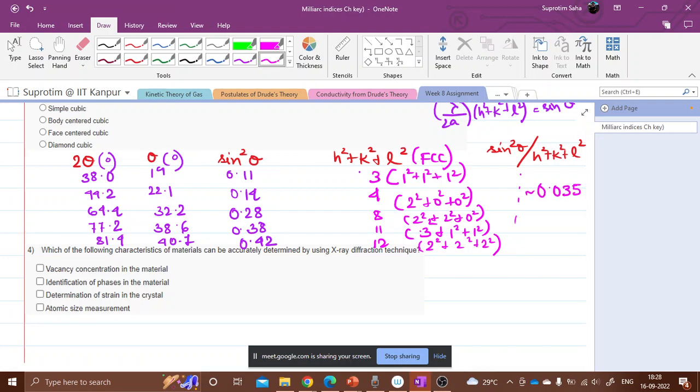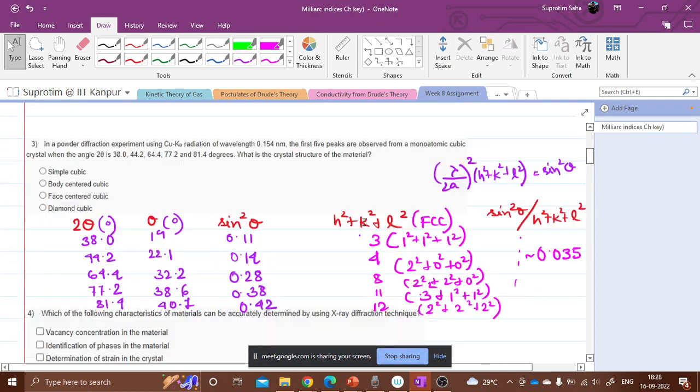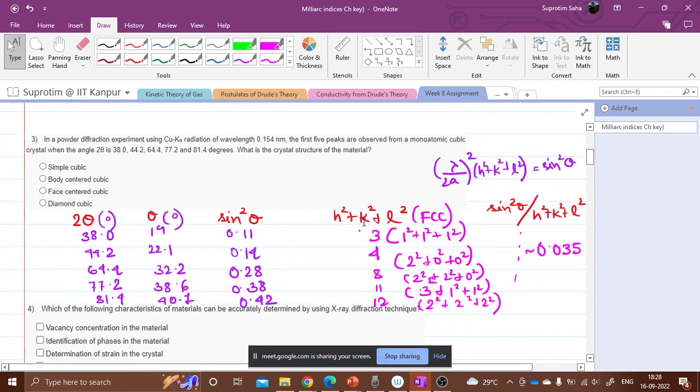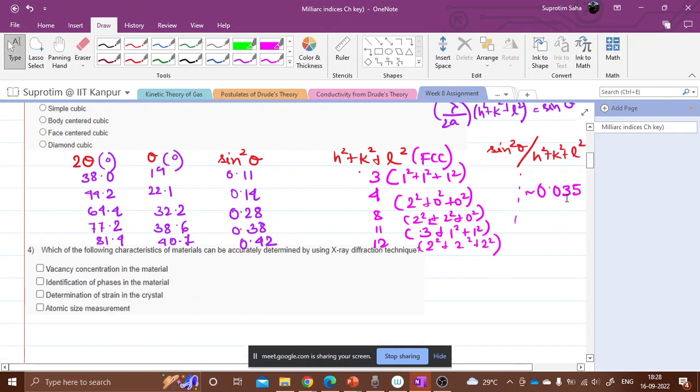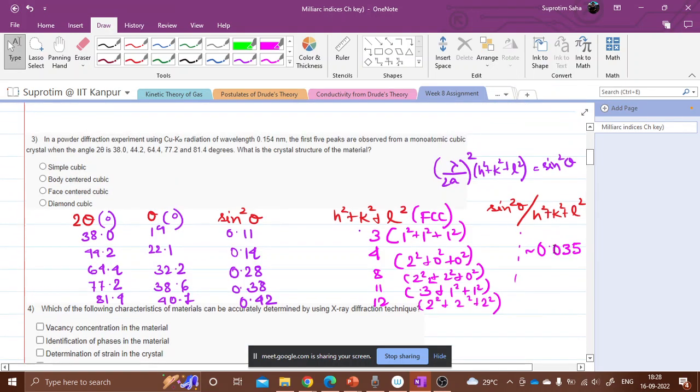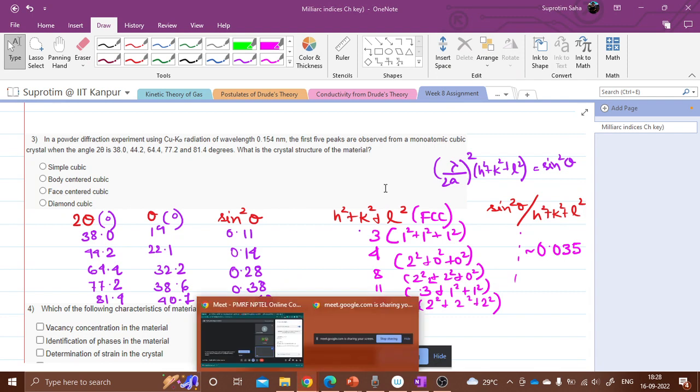Okay, so that's because for an FCC type of structure, this is the process you follow in determining what sort of crystal structure is there and what's the lattice parameter. So basically what you do is check this sin²θ over (h² + k² + l²) ratio. All right, so for FCC only you find that this ratio is constant, but for other cases it is not constant.